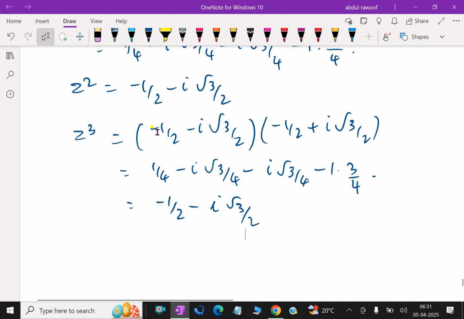Then multiply carefully: minus half into minus half is quarter, minus into plus is minus I root 3 by 4, minus I root 3 by 4, and this minus into minus gives plus I root 3 by 4 here.